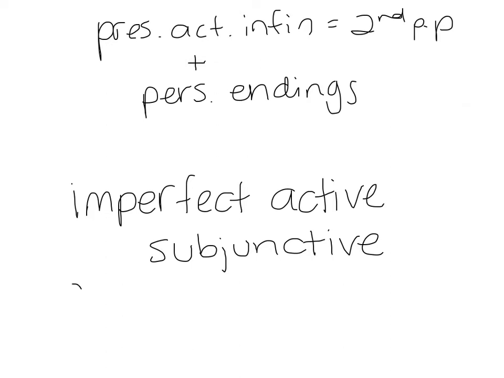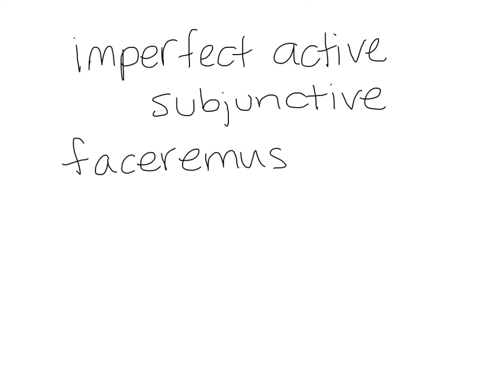So, for example, if we look at facaremus, mus tells me the person and number. So mus tells me first person, plural. The fact that my stem is the entire infinitive, so not just the base, fac, but also the infinitive, that tells me that it's imperfect and subjunctive.